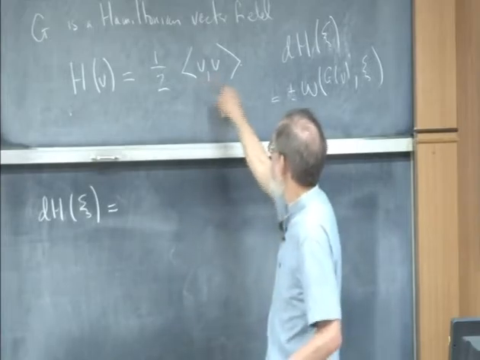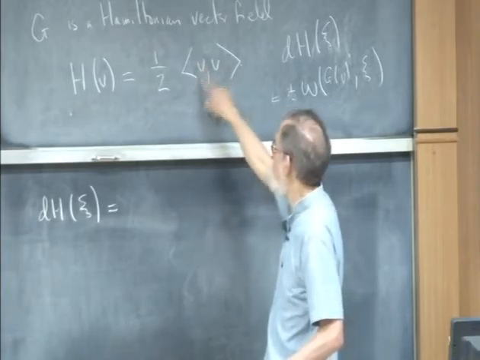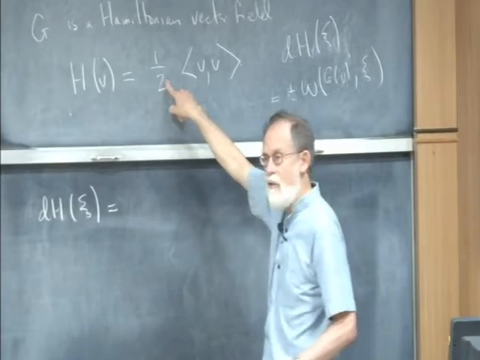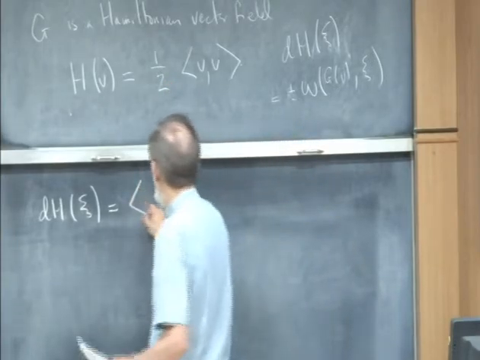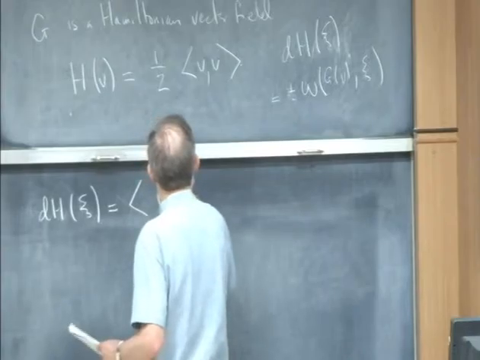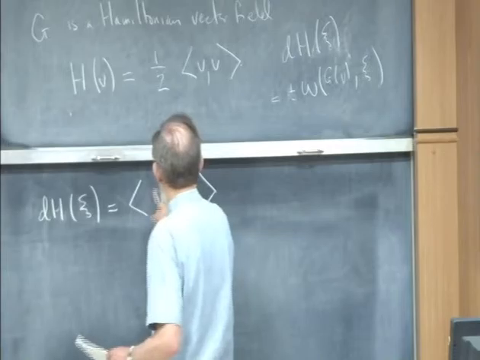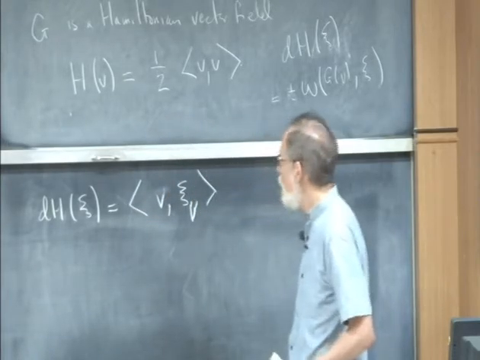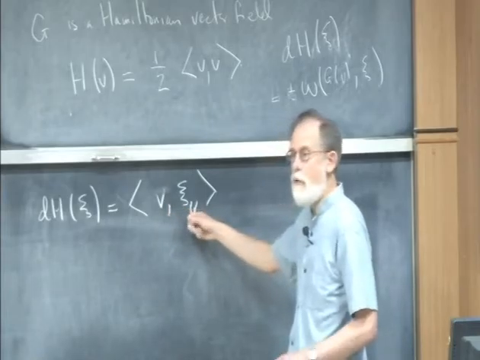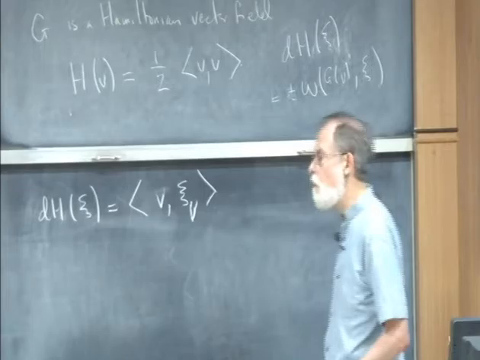And there's going to be two terms that are symmetrical that will cancel for half. And what you get is V with the vertical component of xi. So actually you get a half of this plus the same thing with the order reversed.